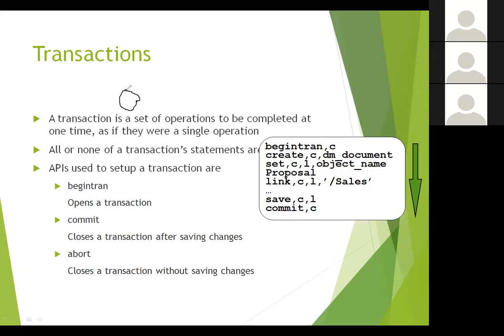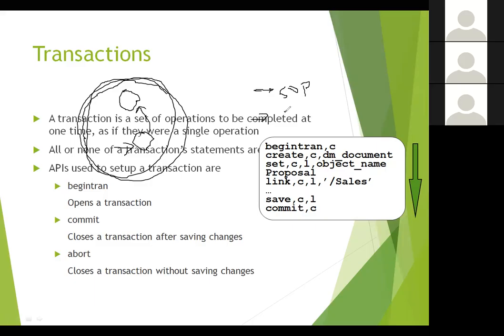Sometimes we have a kind of dependency. For example, if we are creating this document and this document has a dependency on this one, in that case we can achieve this requirement within the transaction. Let's say you have to create one SOP document and then a CR document, a change request.